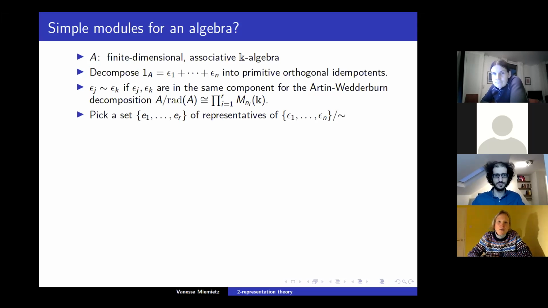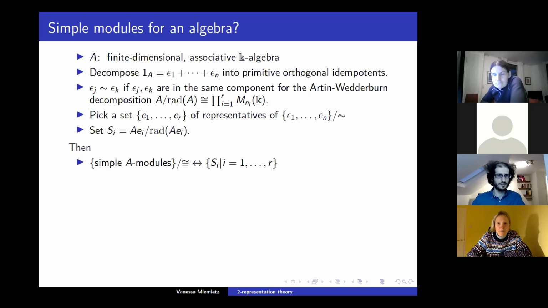Okay, so now we want to pick a set of representatives with respect to that equivalence relation. Then we can look at the quotients of our projectives Ae_i modulo the radical, and that will give us a simple module. And these simple modules form a set of representatives of isomorphism classes of simple A-modules.